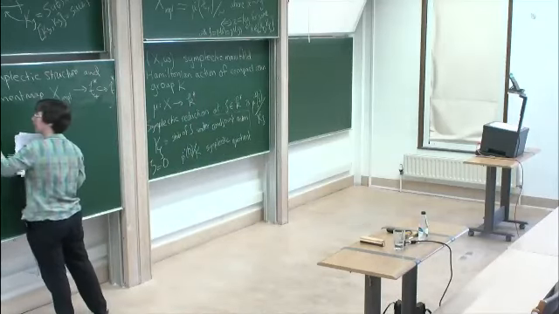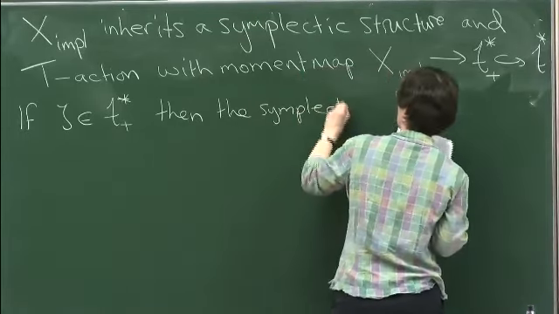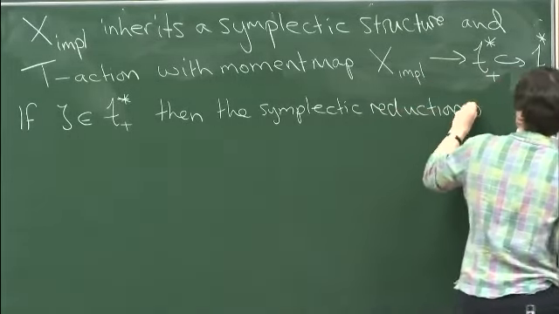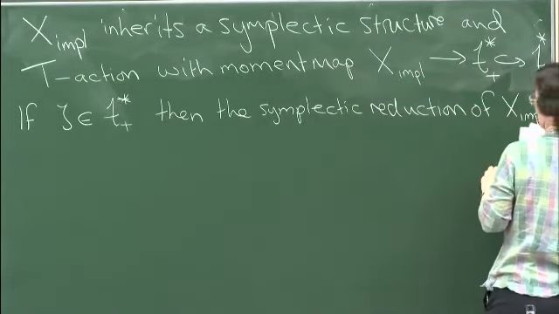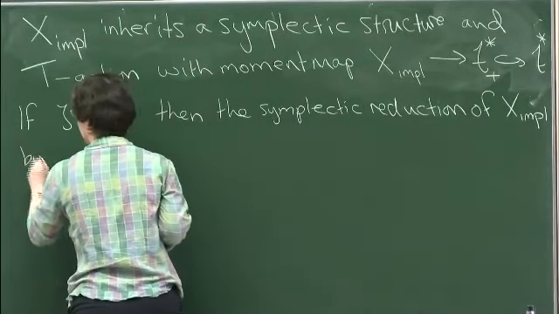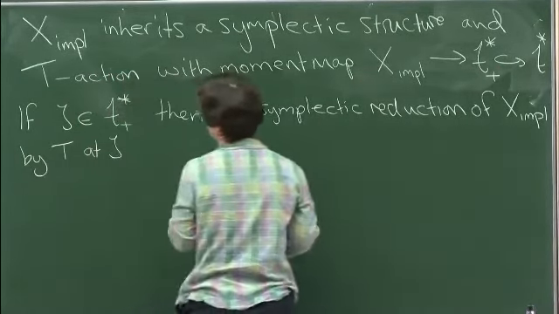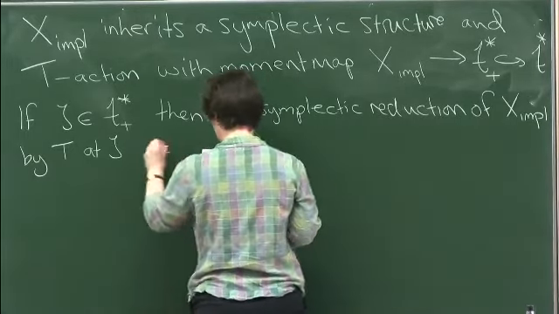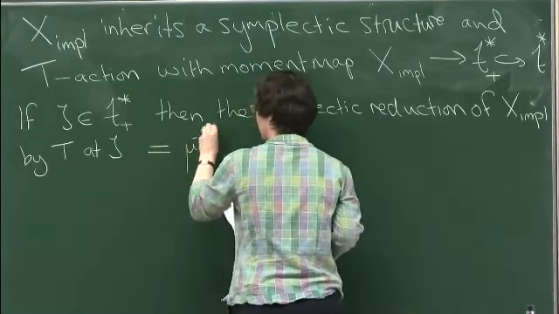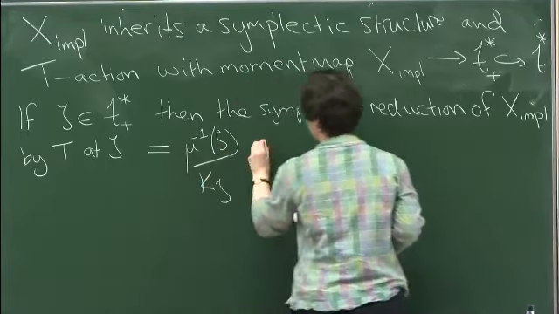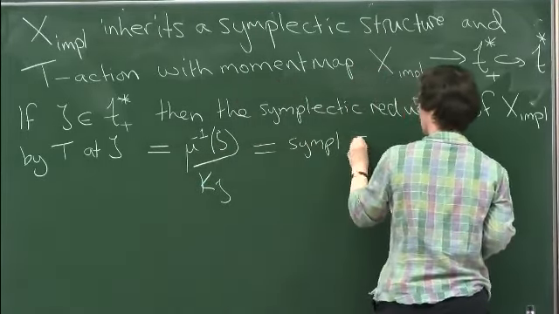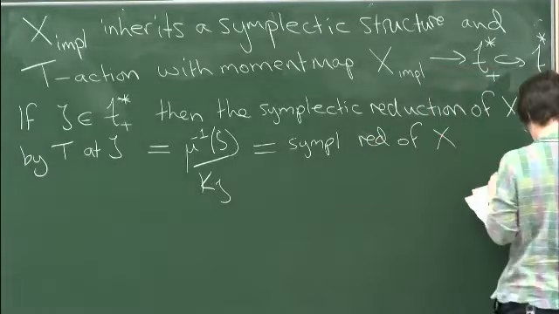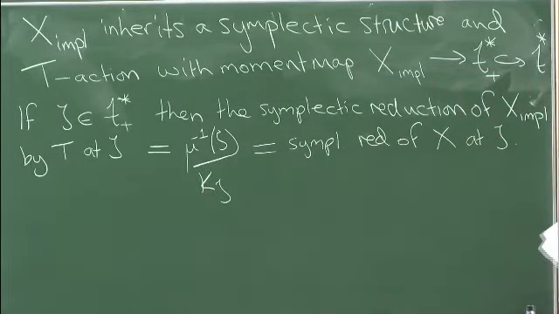So the symplectic reduction of the imploded cross-section by T at this point we can identify with just the symplectic reduction of X at this point.